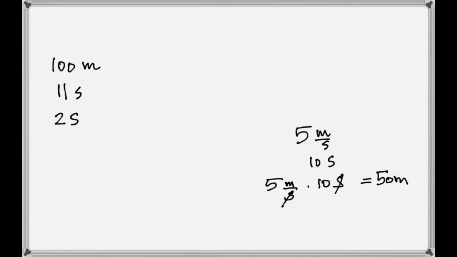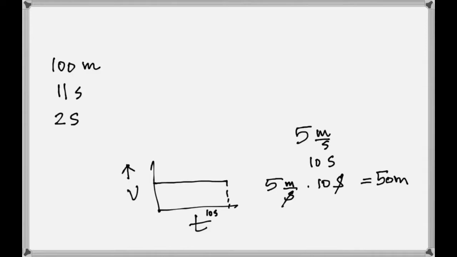Easy. All right, so if you draw a velocity time graph of that object, wouldn't it look something like this? Why? It's 5 meters per second for 10 seconds.